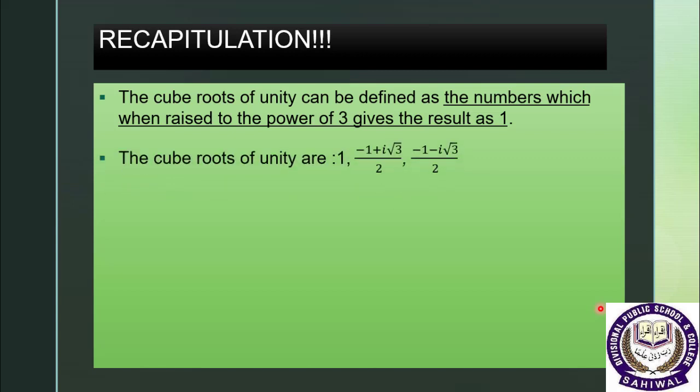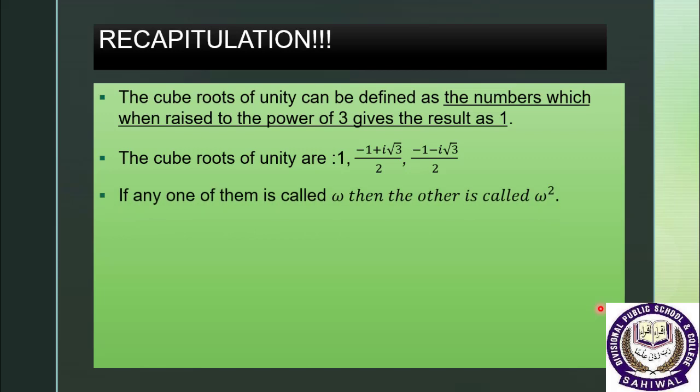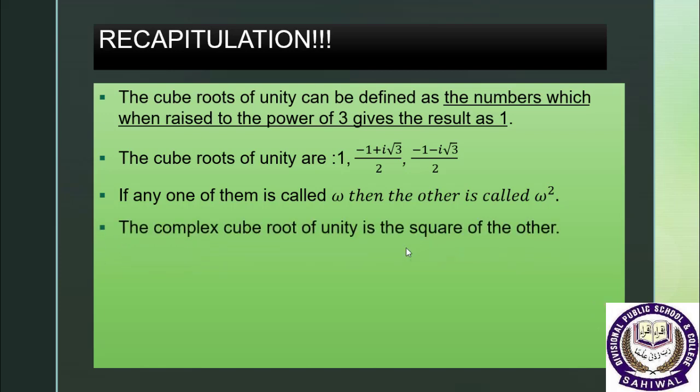The cube roots of unity are 1, (minus 1 plus iota root 3) over 2, and (minus 1 minus iota root 3) over 2. If any one of these complex cube roots of unity is represented by omega, then the other is called omega square. The complex cube root of unity is the square of the other.